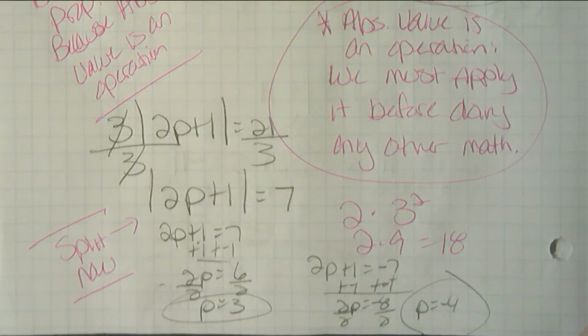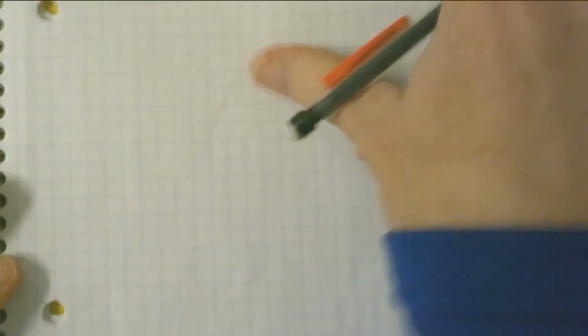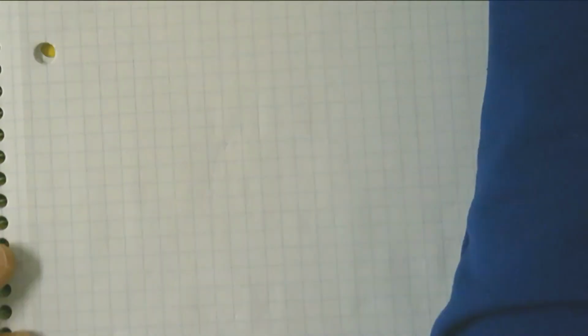Questions on this? Alright, so I'm going to give you a bunch I want you guys to practice, okay? They could be some from last night or some from right now. Not right now. So we'll do story problems on Monday when we hit inequalities.